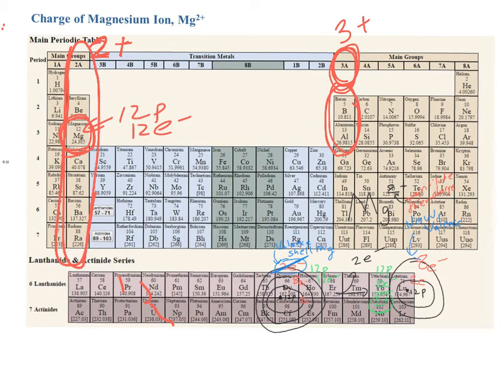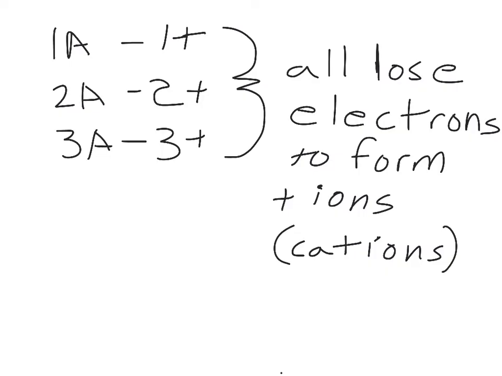So they're going to form plus 3 ions as well. Group 1A elements form plus 1 ions, Group 2A elements form plus 2 ions, Group 3A elements form plus 3 ions. All lose electrons to form positive ions, or cations.